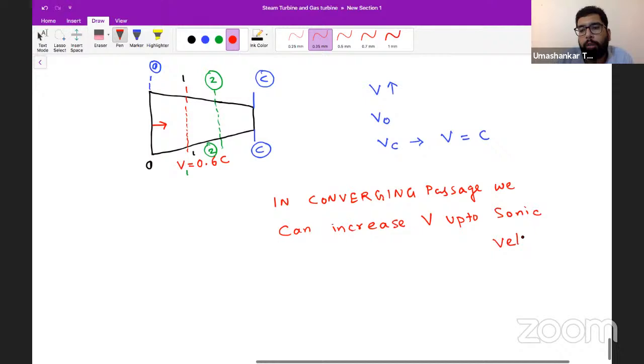Is this observation clear to you or not? And this condition, when you raise the velocity to sonic velocity, is known as condition of choke, because you can't increase the velocity any further. Is that clear or not?